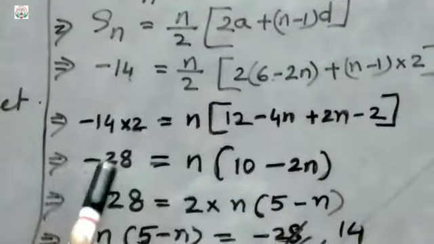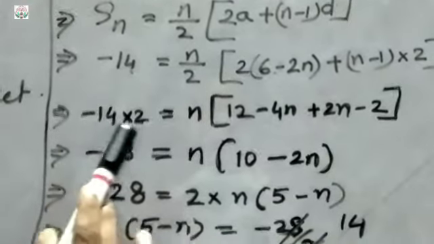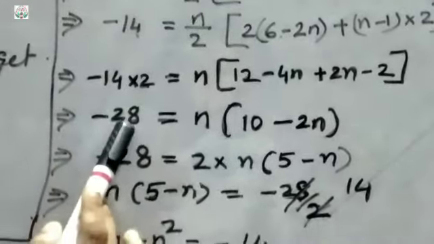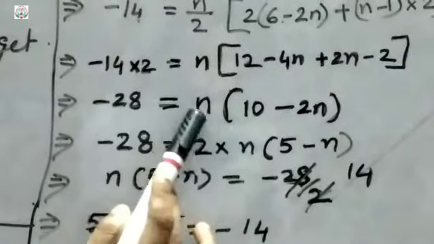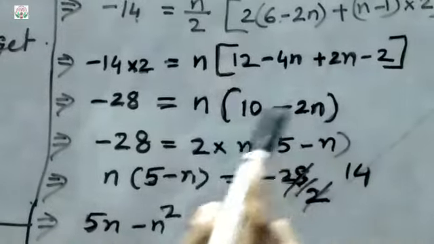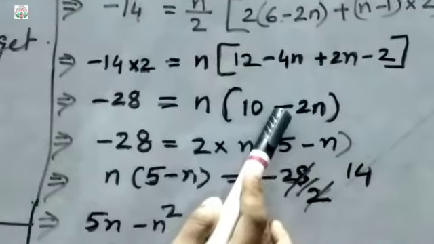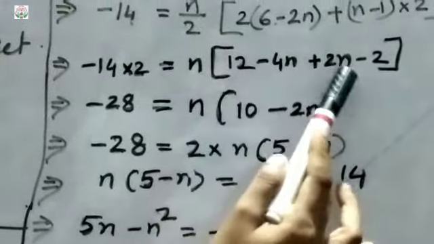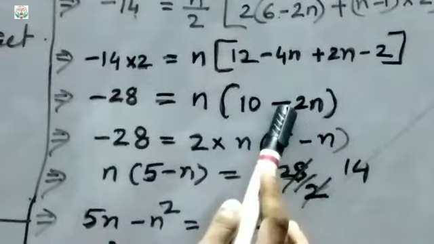So minus 14 into 2 is minus 28 equals n into, now 12 minus 2 will be 10, and minus 4n plus 2n will be minus 2n.